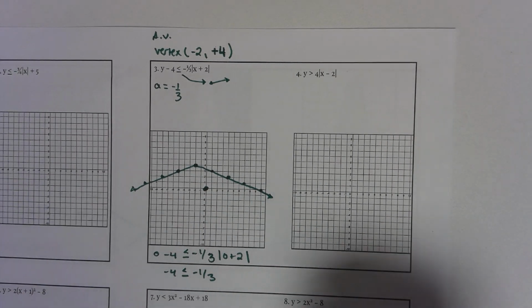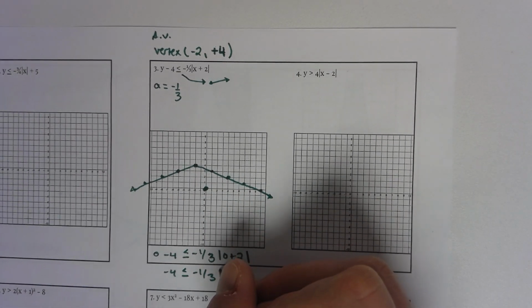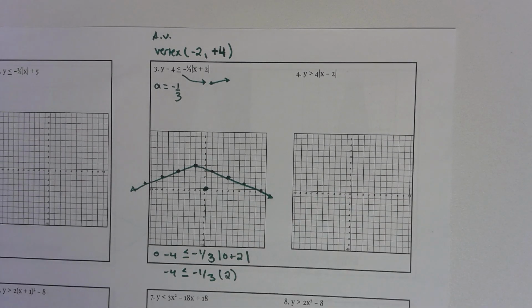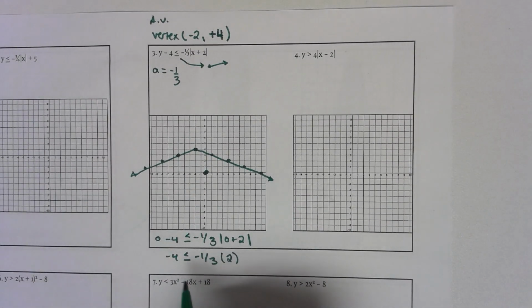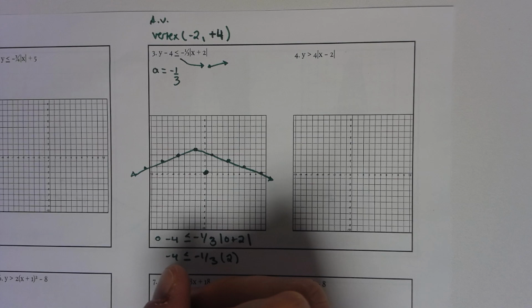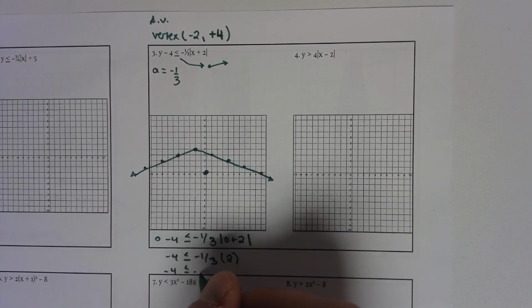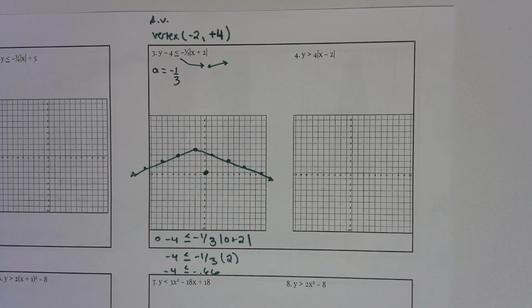Taking the absolute value of 2 has it staying as a positive 2. We don't switch the sign. Okay, we make it positive. If I had a calculator, I'd multiply these, and now it's going to tell me that it's negative 0.66. Okay, so negative 4, is that less than or equal to negative 0.66?